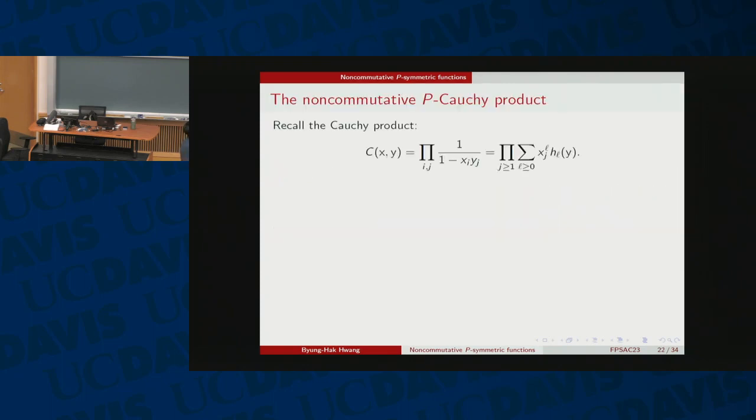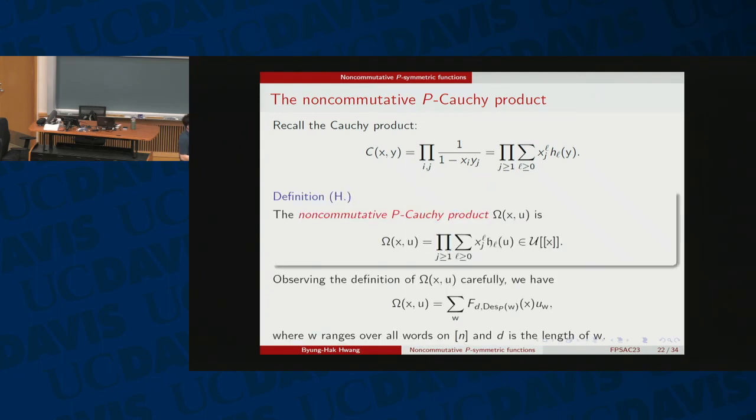Recall the Cauchy product, and we can define the noncommutative P-Cauchy product: omega sub X of U is equal to the product of the summation of x sub j to the l times h sub l of U. It is very easy to see that this noncommutative P-Cauchy product can be written as the summation of the fundamental quasisymmetric function times u sub w, where w ranges over all words.